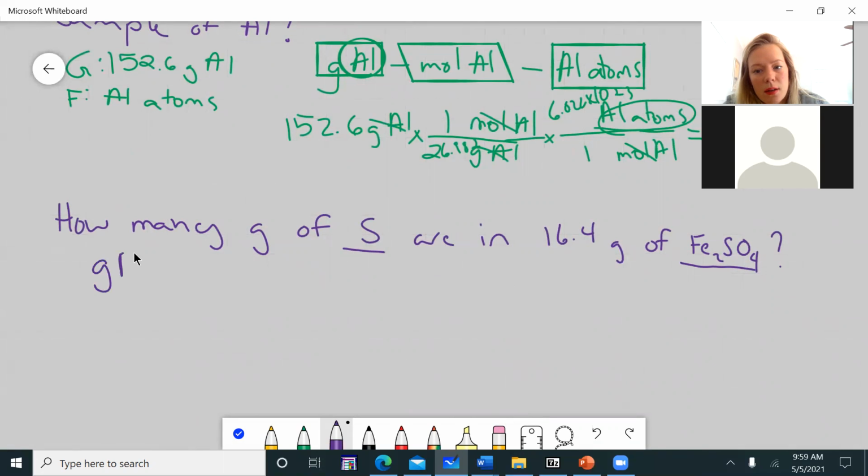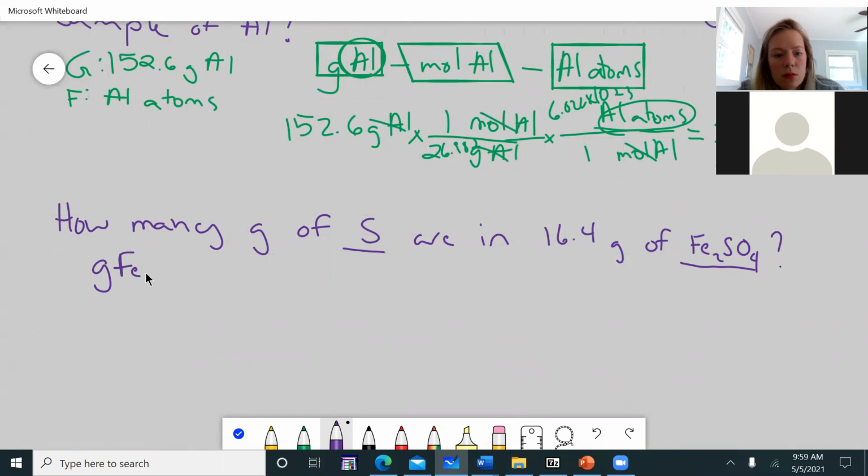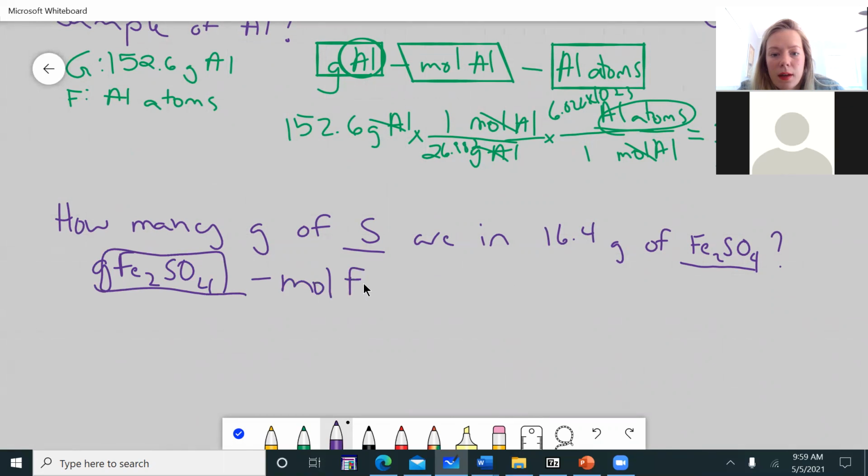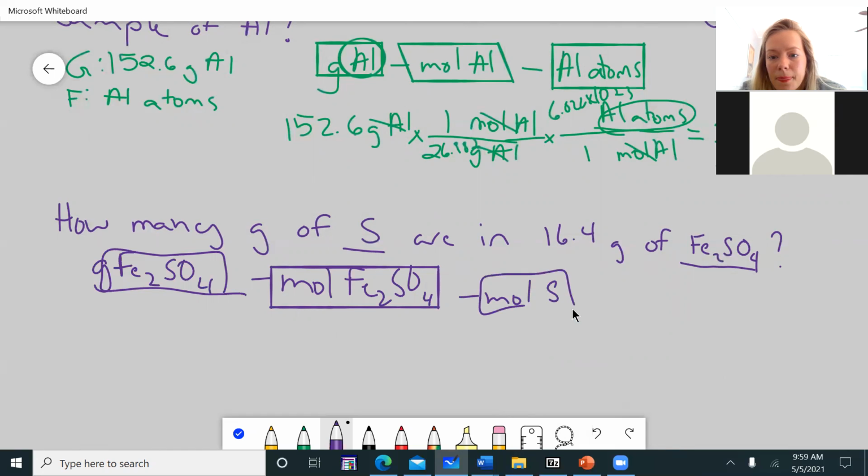So grams of Fe2SO4 into moles of Fe2SO4, into moles of just the sulfur, into grams of the sulfur.